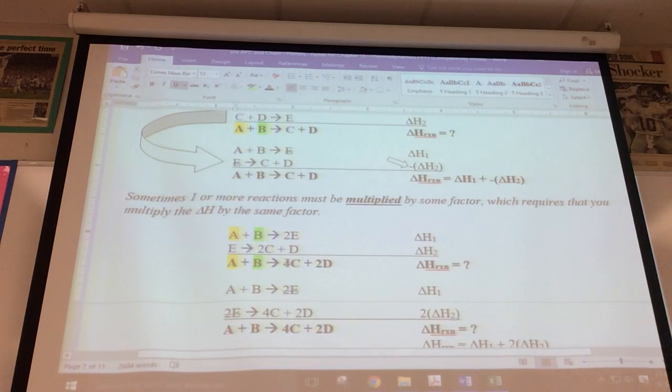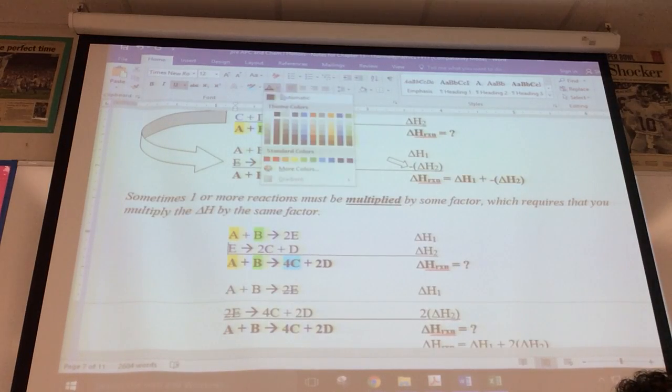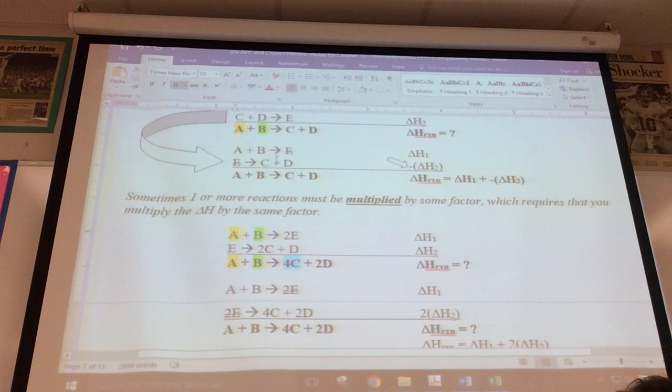Now I see 4C here. So we have to multiply this by some factor that will yield 4C. So what are we going to multiply this whole equation by? 2. So 2 times the whole shebang.